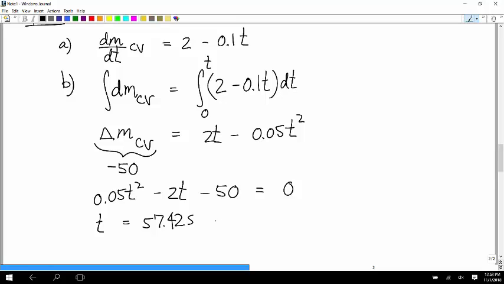Okay, so the other root is negative 17.4, and we know we want later in time. It's 0.05 because that's just using the polynomial integral rule. So t squared, and then you have to divide it by 2, so 0.1 divided by 2 is 0.05.